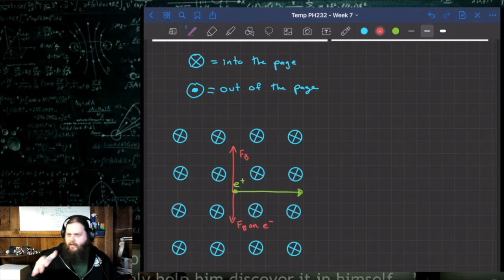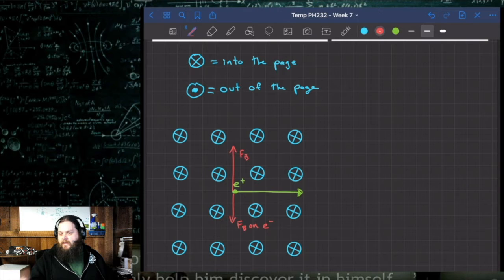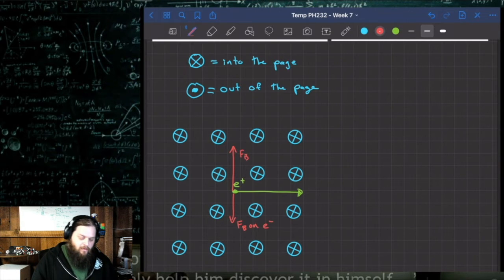If it's at an angle, then it will spiral and create a helix going down. They use that for transmission electron microscopes. They accelerate an electron at a really high speed, and then they spin it through a magnetic field and spiral it down to focus the beam. It's really cool. Anyways, I digress.